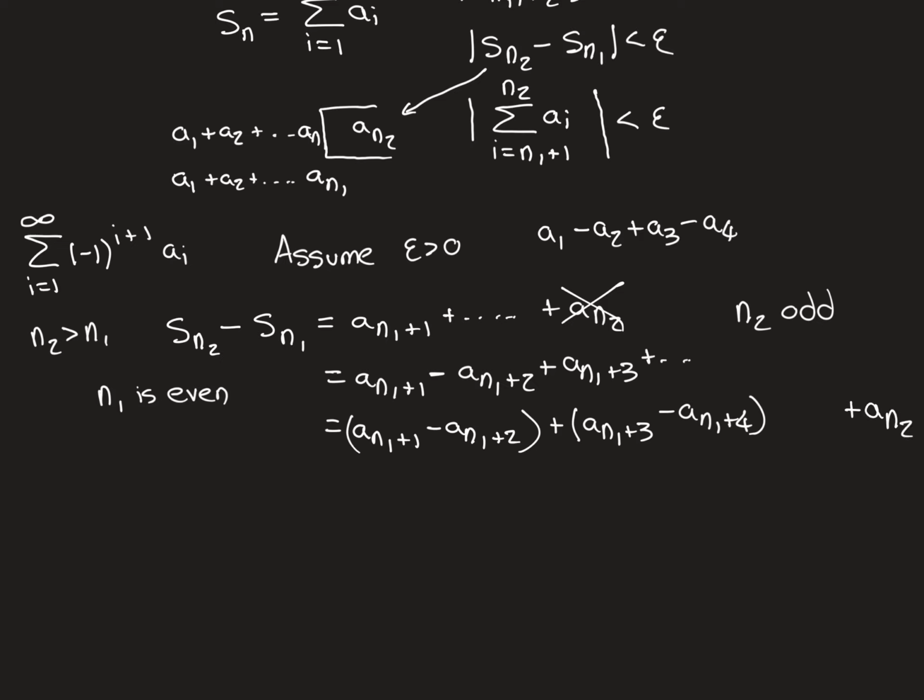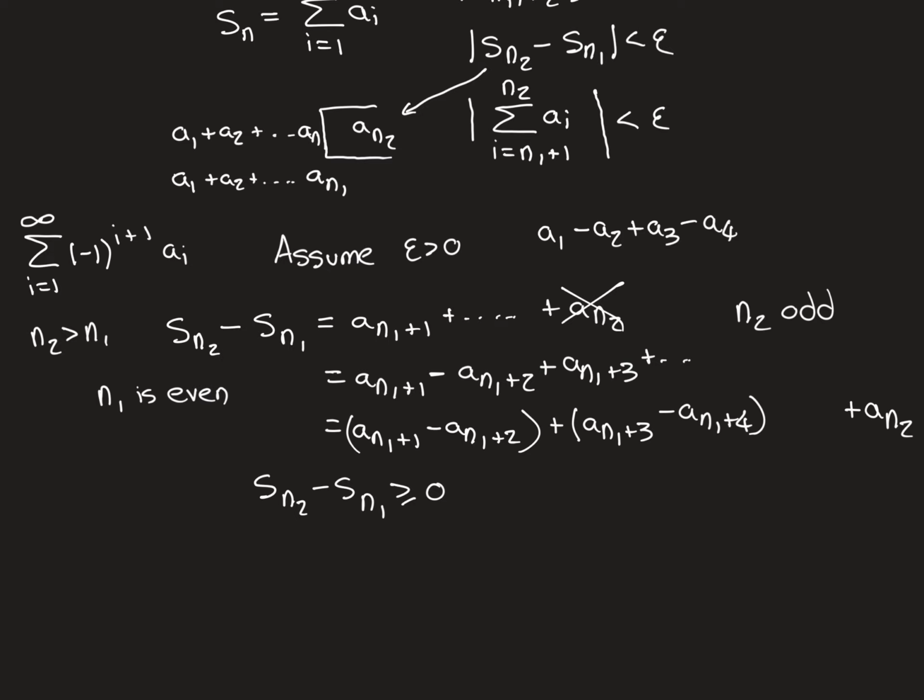But in the case that n2 is odd, that one will have a plus in front of it, so again it will be positive. So this total sum of all of them is always going to be positive. In the case that n2 was even, all of them would be paired up, and all the pairs would overall be positive. In the case that n2 is odd, the final thing that you're adding on there will also be positive. So overall, this entire thing is going to be non-negative. So what we've overall managed to conclude there is S_n2 minus S_n1 is greater than or equal to 0.